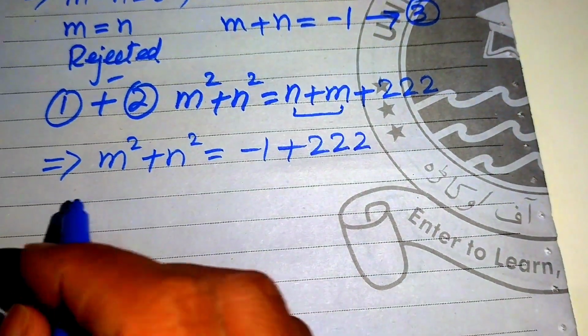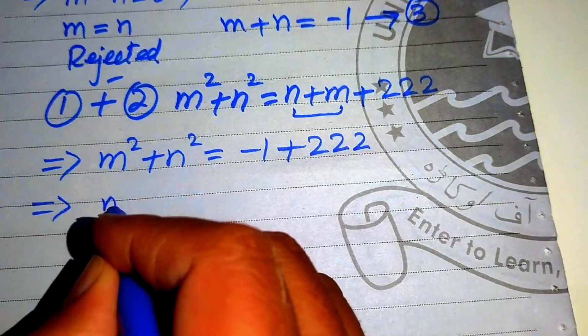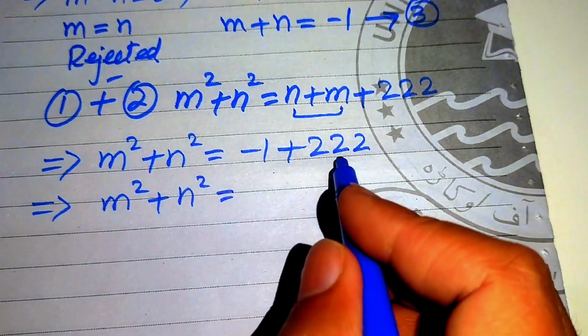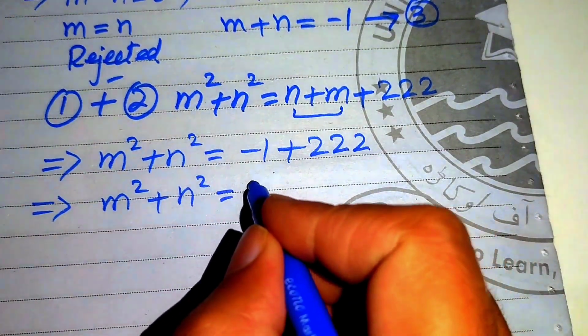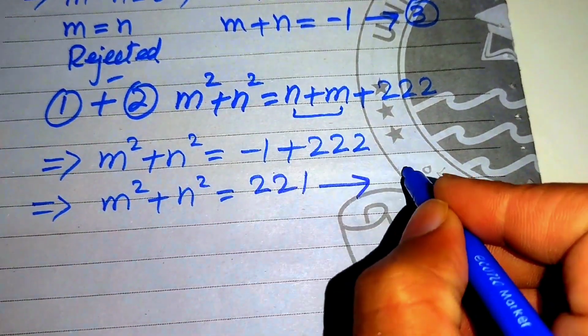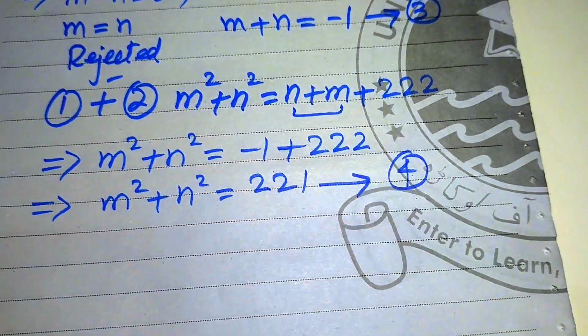So m square plus n square equals minus 1 plus 222 equals 221, and we call this equation number 4.